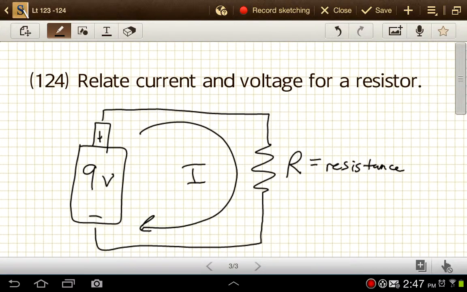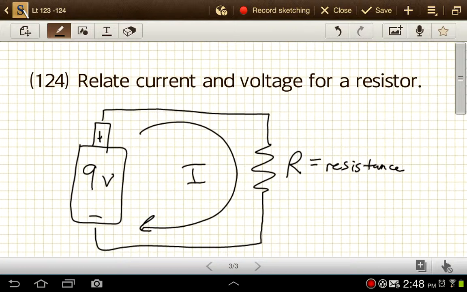They have a lot more push from this battery to get them through here. And so with that extra voltage on the battery, the current is going to flow more. We're going to have more current. The charges are going to move more rapidly through this system. And then if the resistance were to increase, then that's going to slow the current down.